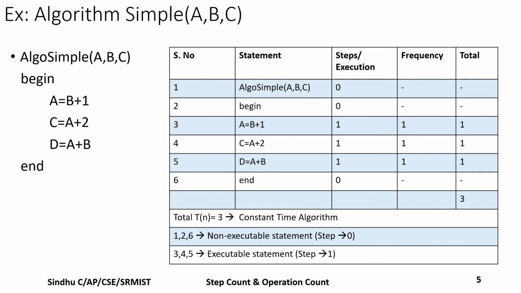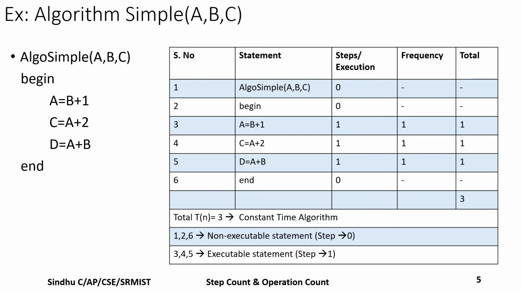Again that is an expression statement. So the step count is 1 and frequency of occurrence is 1. So 1 into 1 is 1. And finally you have the end statement. Again it is a non-executable statement. So the step count is 0. So when you add the total you get 3.